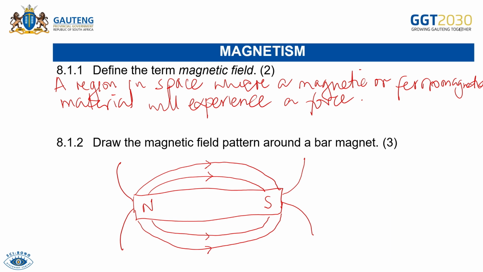From the north we are exiting, or departing, and on the south, that's where they are entering, because they have to be moving from the north to the south pole all the time. So that's where these 3 marks are gathered. One, the lines have to be more concentrated at the poles. You're also looking at the direction as well as the shape.